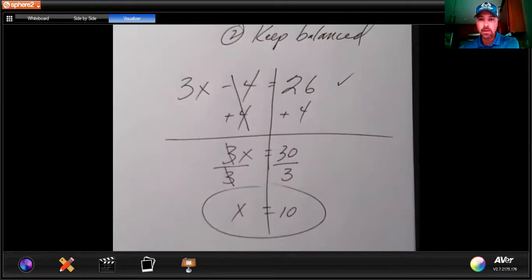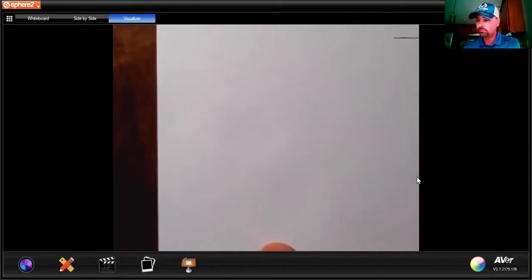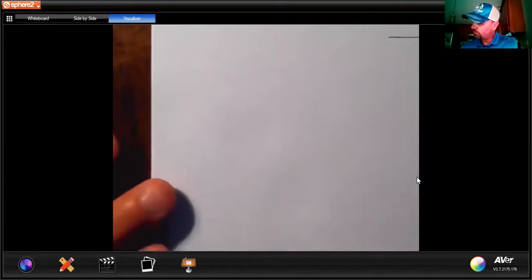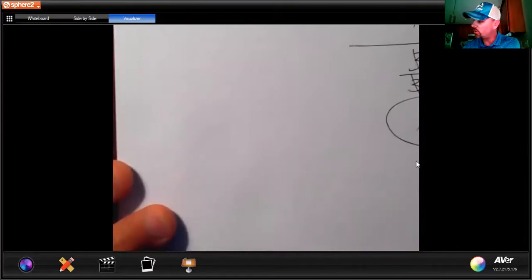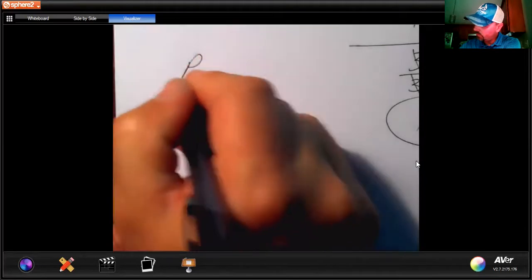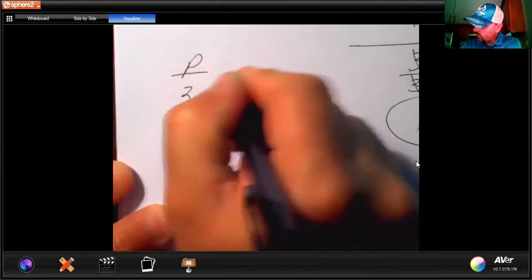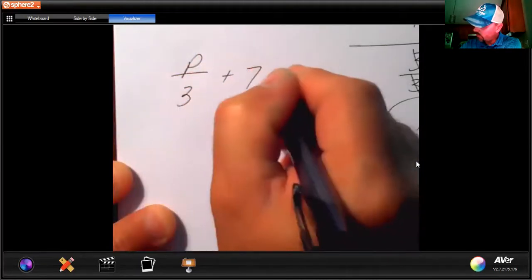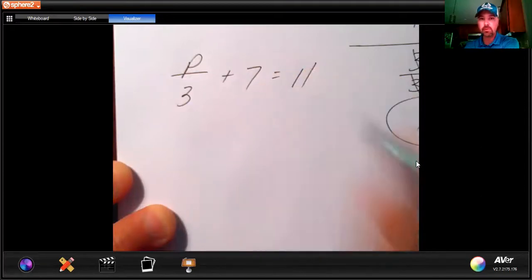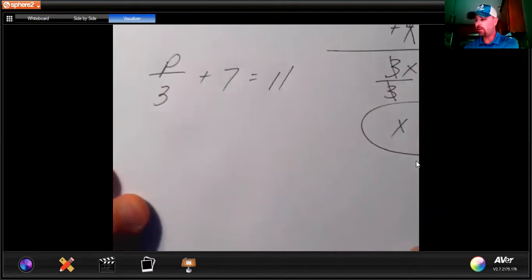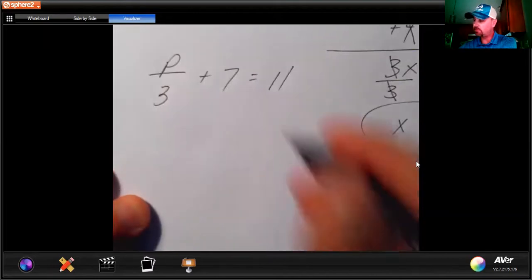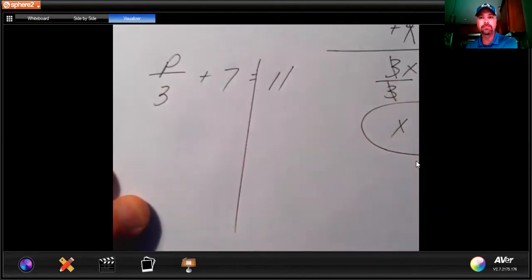Okay, let's take a look at another problem. Let's do the other operations. We'll do a division. P divided by 3 plus 7 is equal to 11.